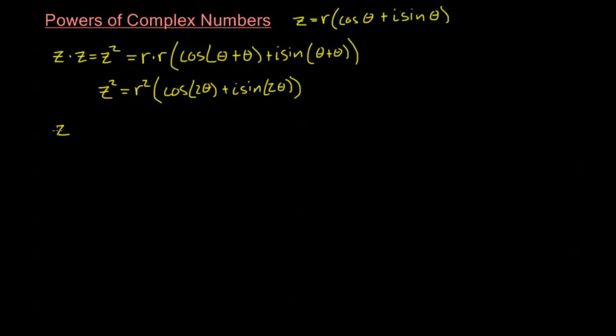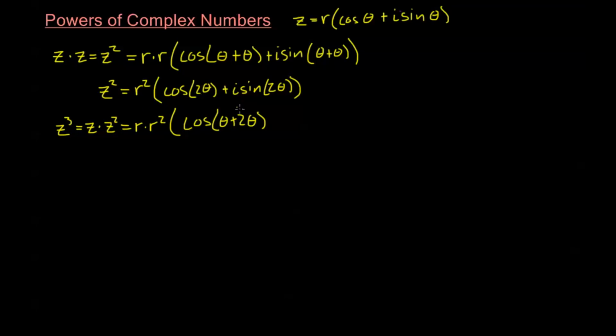Now what if we want to find z cubed? z cubed, this is z times z squared. So using our result from above, we see this is going to be r times r squared cosine of theta plus 2 theta. I'm using my result. We know what z squared is, so the modulus of z squared is r squared.